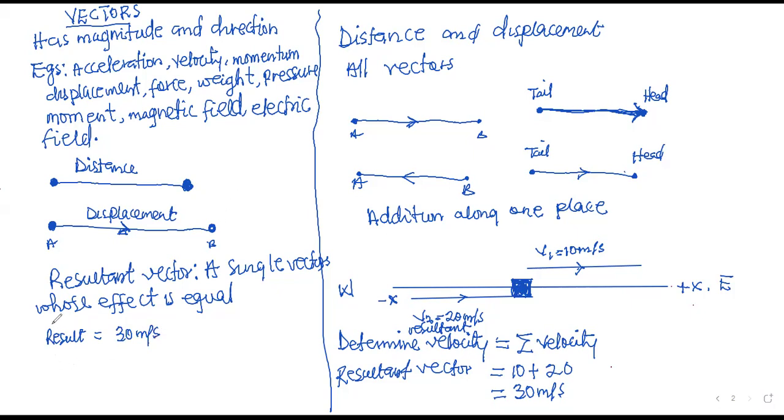What this value means is that what 30 meters per second alone can do, 10 meters per second and 20 meters per second, when combined, can do the same thing. Okay, so 30 meters per second is that single vector whose effect is equal to the combined effect of 10 and 20.